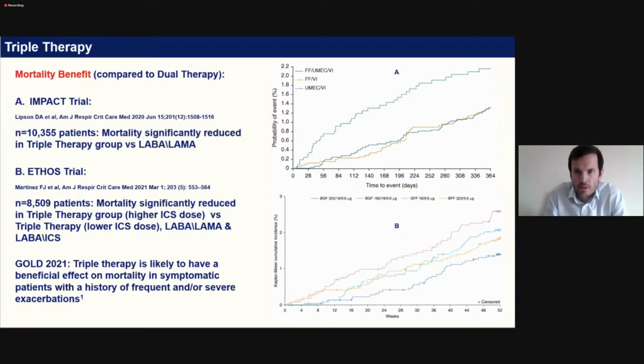Thus, the current GOLD 2021 report concludes that triple therapy is likely to have a beneficial effect on mortality in symptomatic patients with a history of frequent and or severe exacerbations. Further studies or analyses may help to determine if other patient subgroups in COPD obtain a mortality benefit from triple therapy.